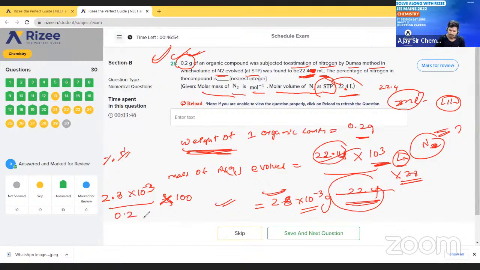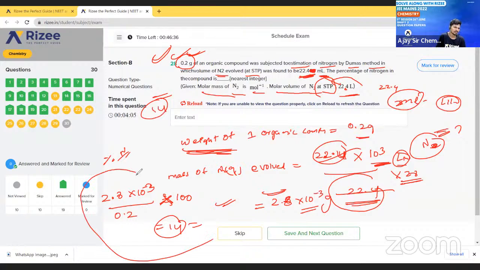So ultimately we get 2.8 into 10 to the power of minus 3 by 0.2 into 100, which is 14. So 14 is the correct answer. Just do this calculation, you will get the correct answer.